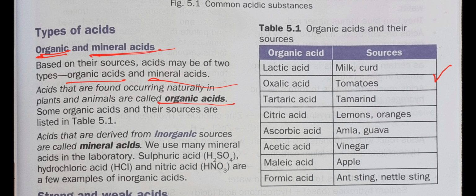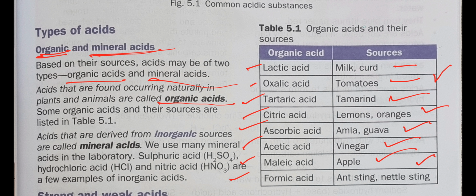You can see here: lactic acid, source milk and curd; oxalic acid, tomatoes; tartaric acid, tamarind; citric acid, lemon and oranges; ascorbic acid, amla and guava; acetic acid, vinegar; malic acid, apple; and formic acid, ant sting and nettle sting.